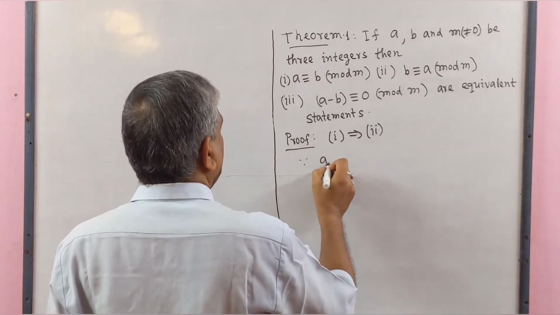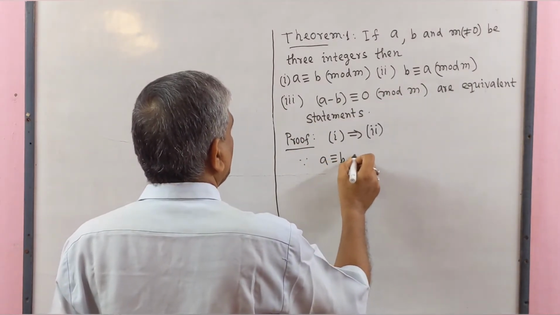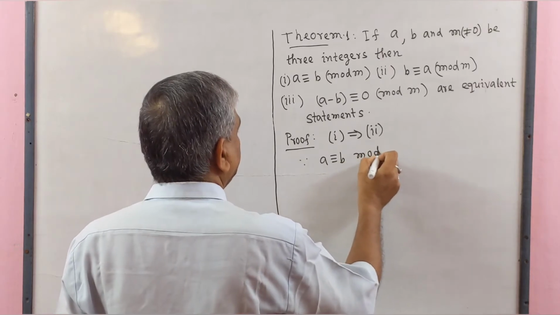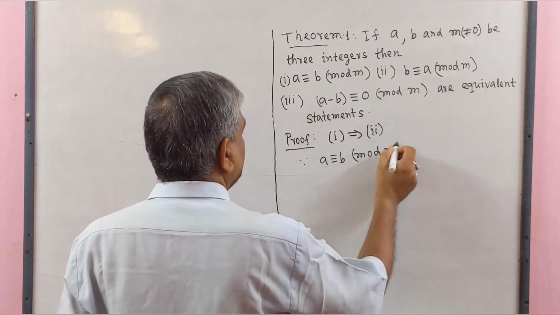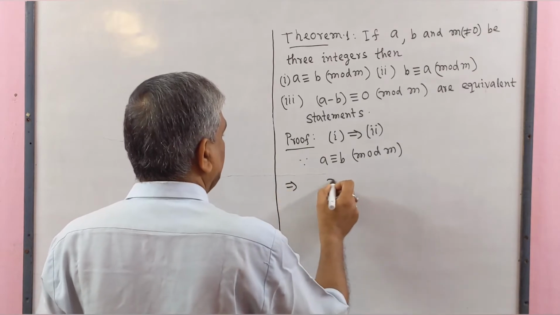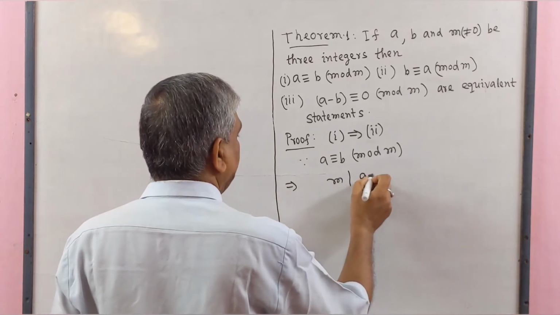Since a is congruent to b modulo m, this means m divides a minus b.